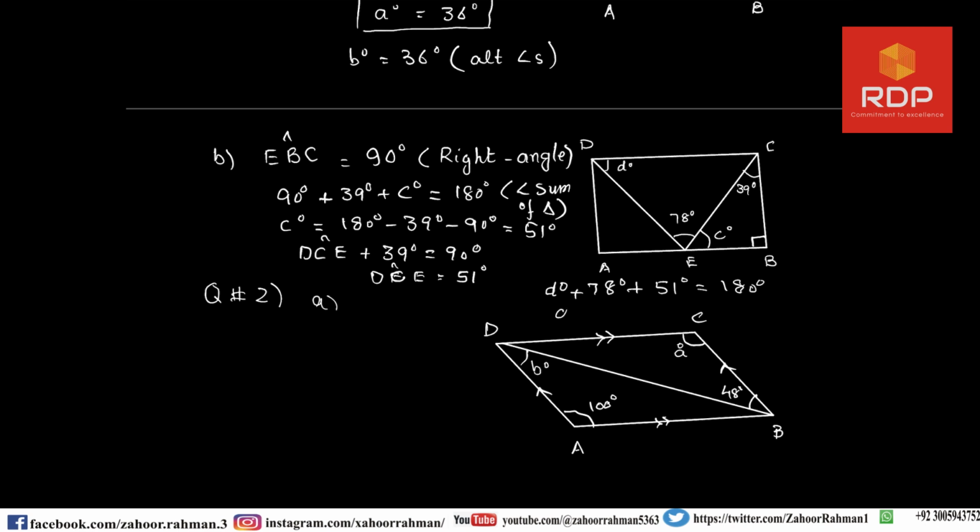So we are calculating it, and when we calculate it, we will get that the D angle will be equal to 51 as well. So it means that we found the D angle to be 51 degree and C was also 51 degree. So both of these are equal to 51 degree.